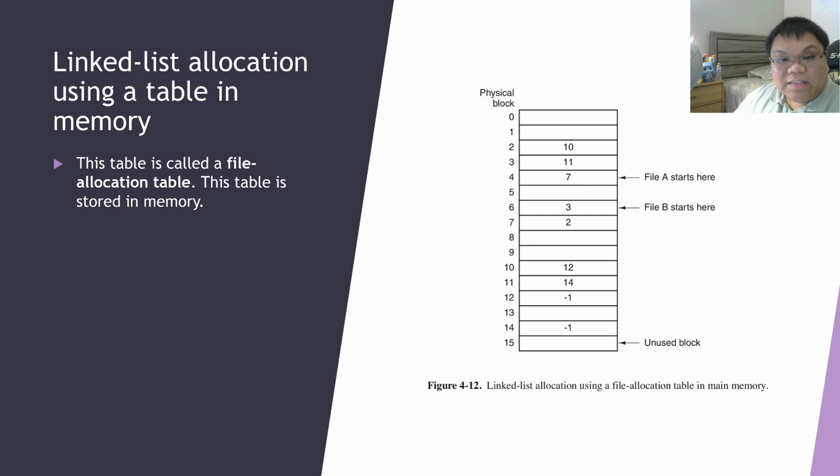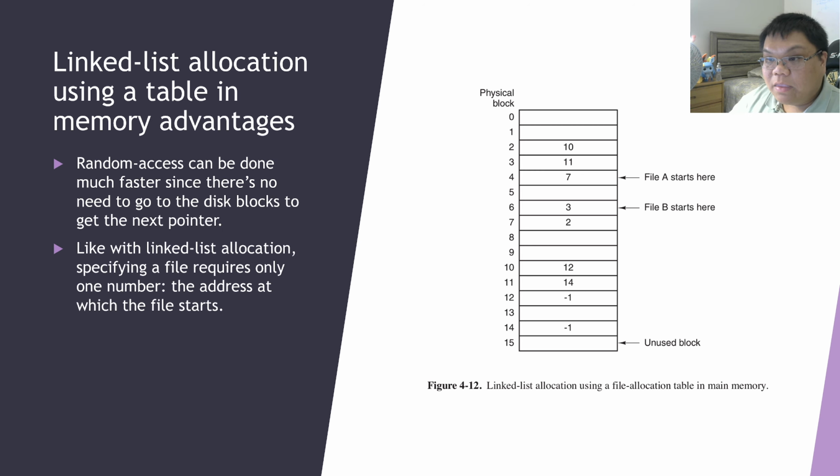This, as I mentioned, is called a file allocation table, and this table is stored in memory. The advantage of a file allocation table is it's easier to do random access, because instead of jumping from block to block, we just have to go from table entry to table entry.